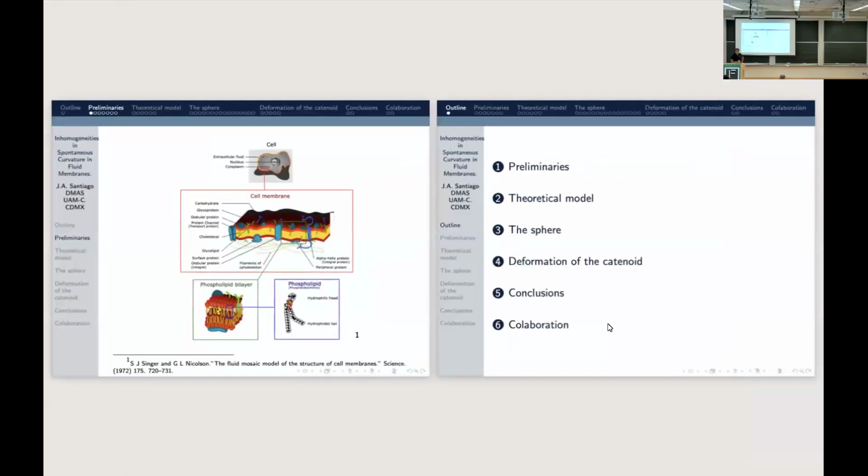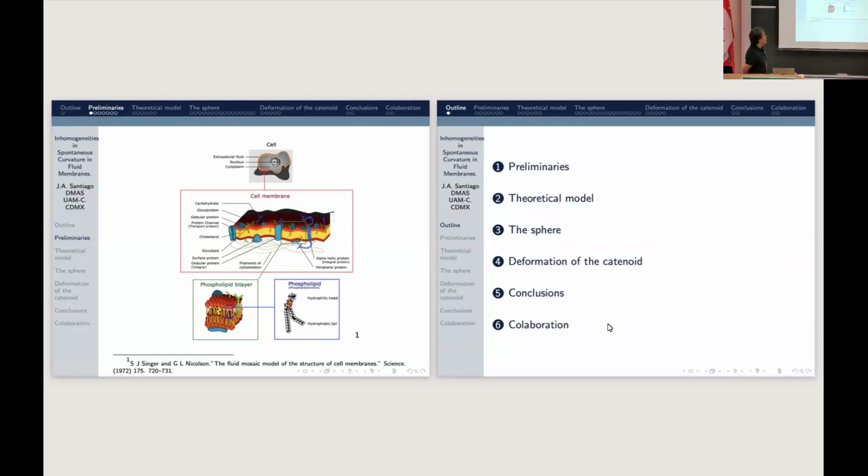So this is a picture of a cell, right? We can see a membrane that separates the exterior from the interior.